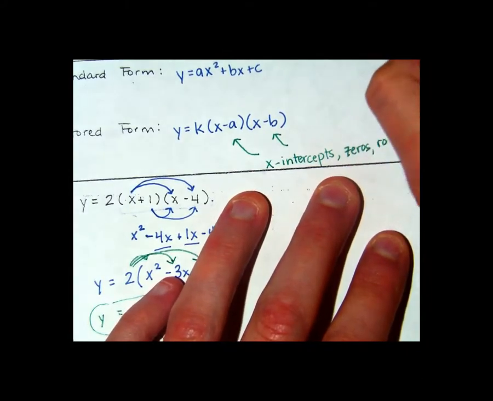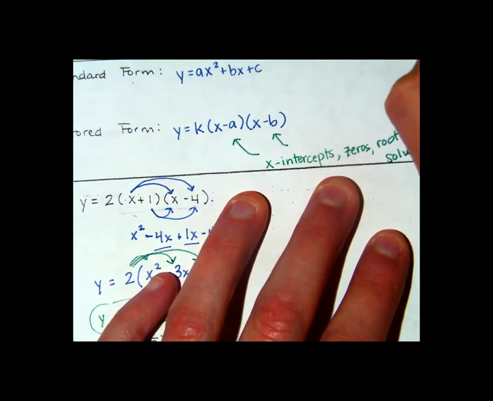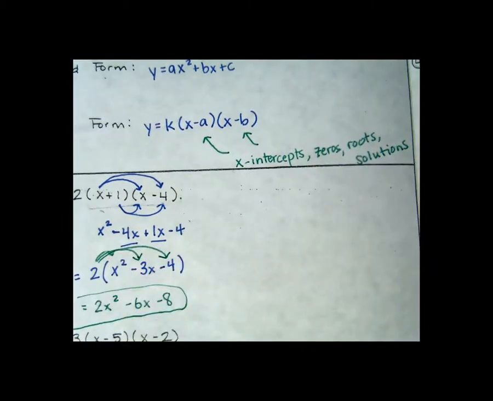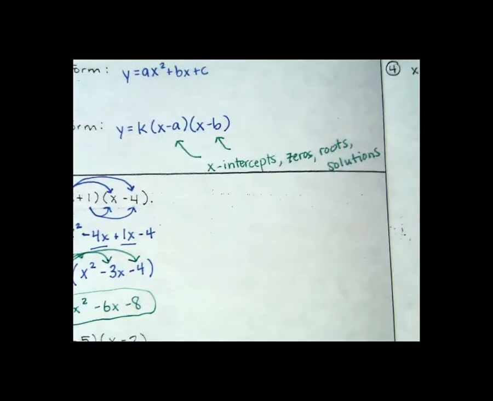They might be called roots. They might be called solutions. You need to know that it could be all of those words. They're x-intercepts, they're zeros, they're roots, they're solutions. For now, though, they are called x-intercepts.